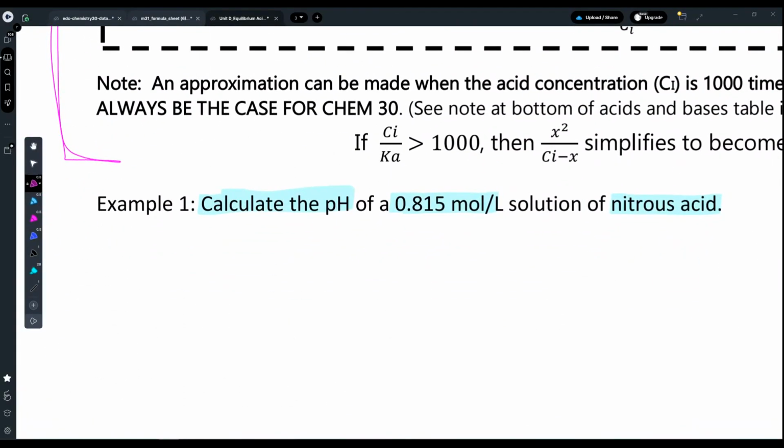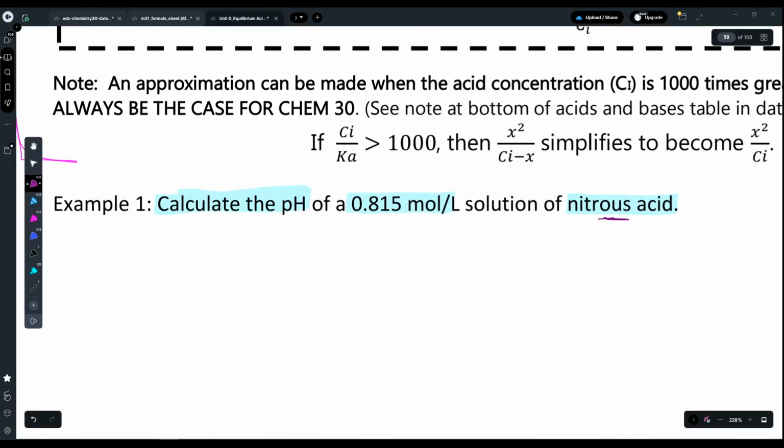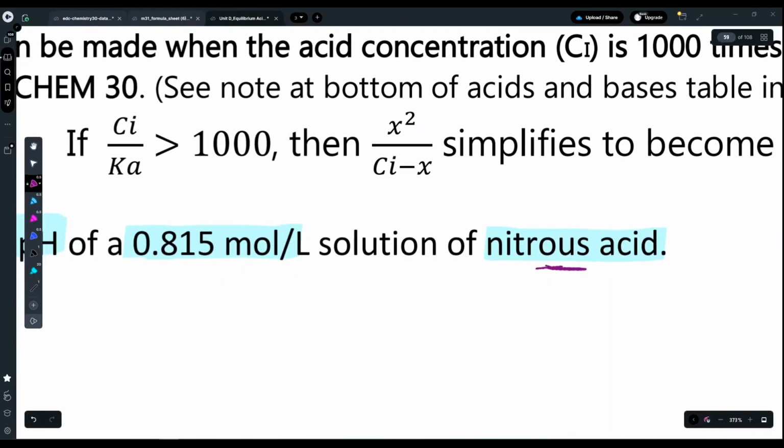So for nitrous acid, remember your naming rules for acids: the OUS ending, you can remember it as "Sprite is delicious." That sentence means the ous turns back into ite. So the polyatomic ion would be nitrite.